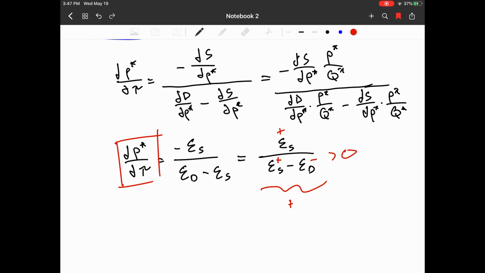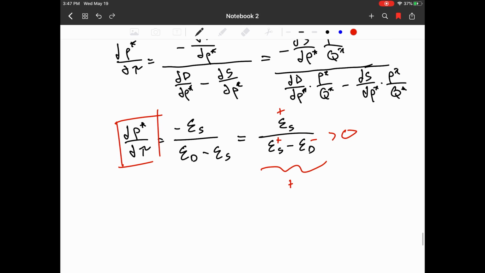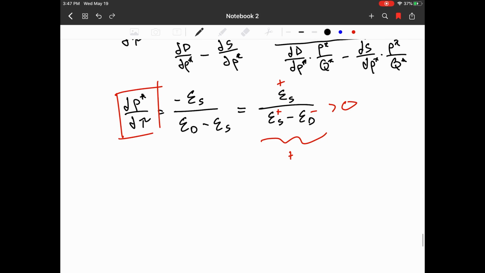Okay, so that's cool. And what the interpretation here is that tax increases P star!